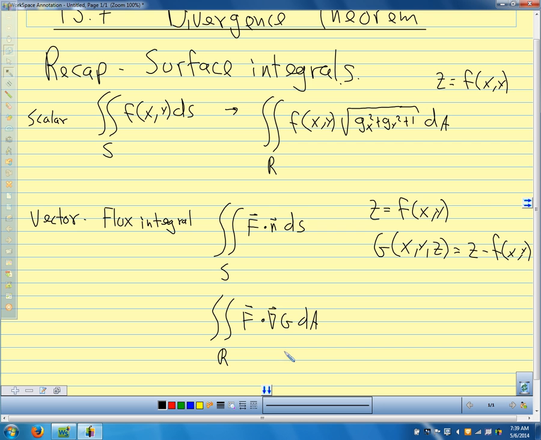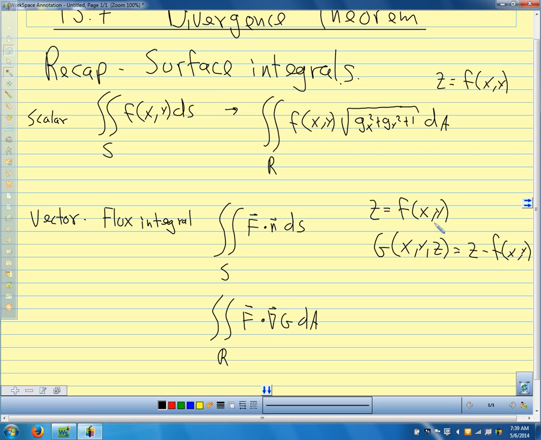We said an important thing about the flux integral: when we evaluate it as a double integral, it needs to be expressed in terms of x and y. So anytime we see a z, we substitute for z to get our double integral in terms of x and y.